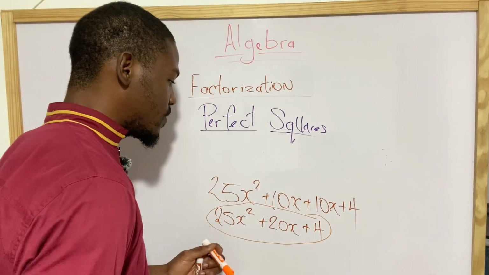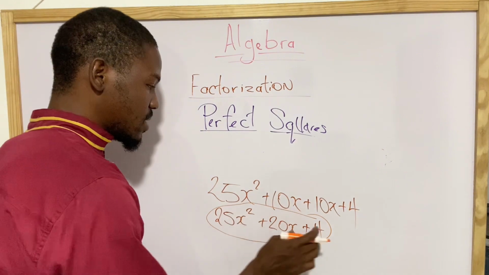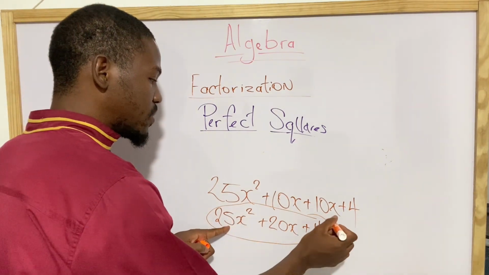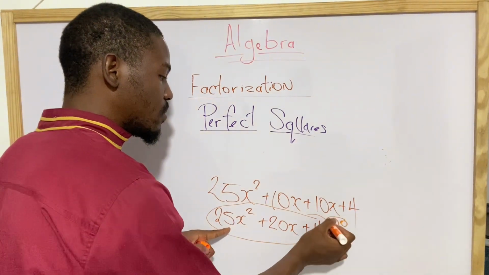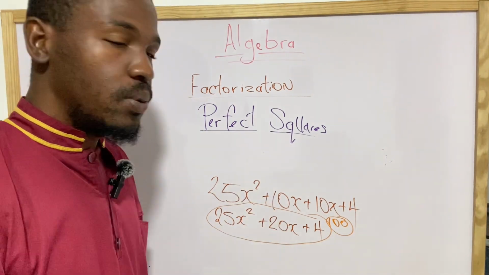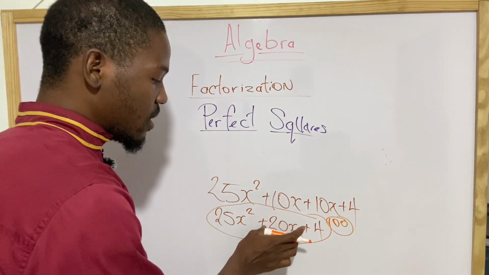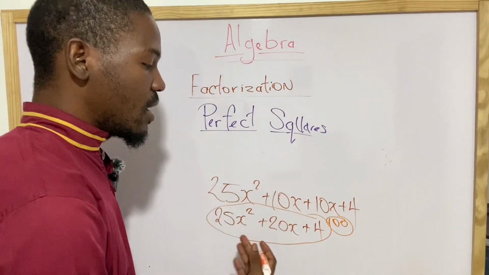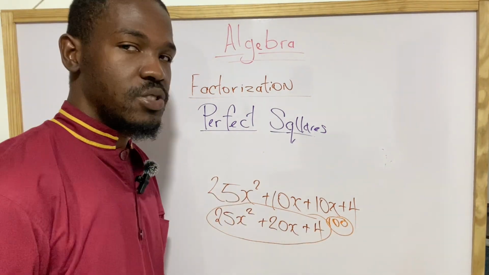So remember that the first step in doing our trinomials is a times c. So 25 times 4 is going to give me a positive 100. In listing out the factors of 100, I need to find two numbers that when added together give me positive 20. And remember, this is a positive 100.